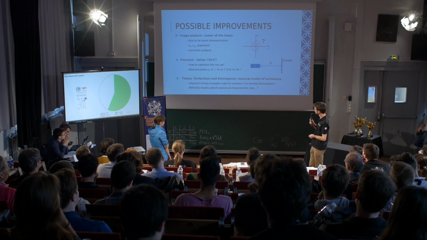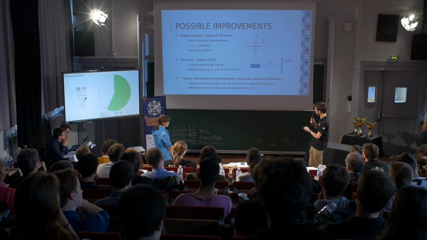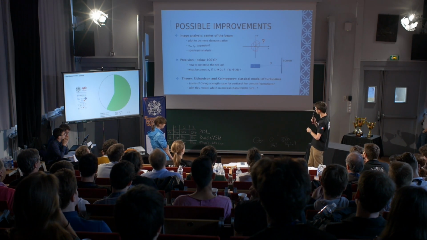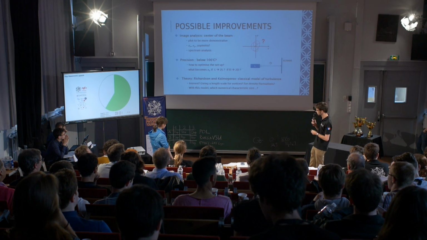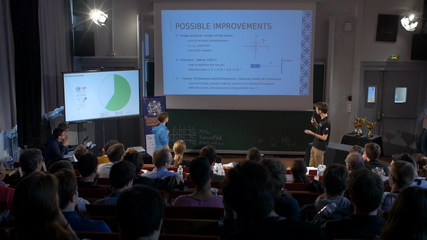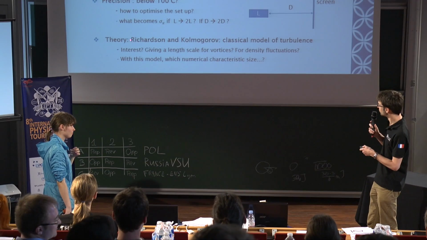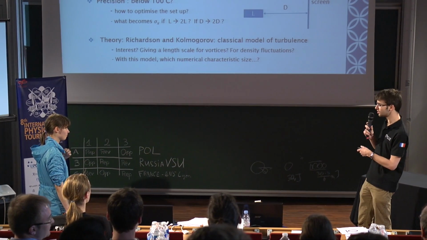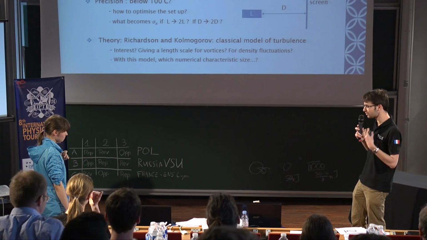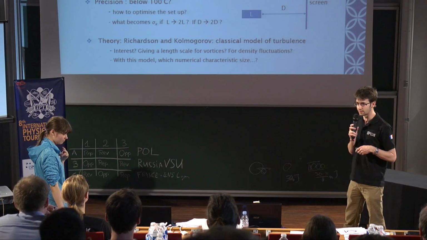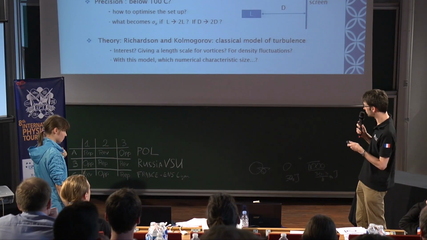About the theory, you use the Richardson cascade and the Kolmogorov model. It's the classical model of turbulence, so it's quite accurate and adapted. You wrote a lot of equations, but there was no characteristic length scale for the vortices. So maybe it would interest me to know a bit more about this.